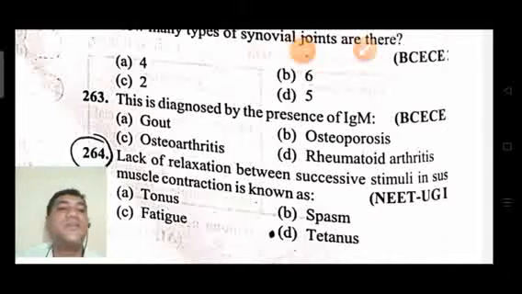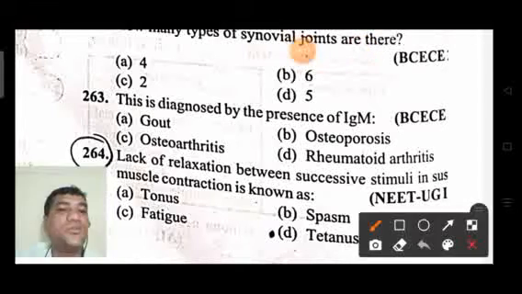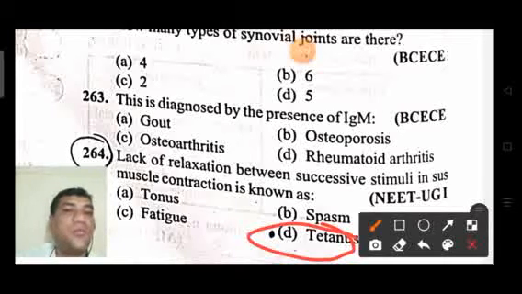Already you know that fatigue means a temporary condition, and spasm is a condition where muscles contract involuntarily for a period of time. But lack of relaxation between successive stimuli in muscle contraction is called tetanus. So with this we have almost completed all the questions for locomotion and movement.